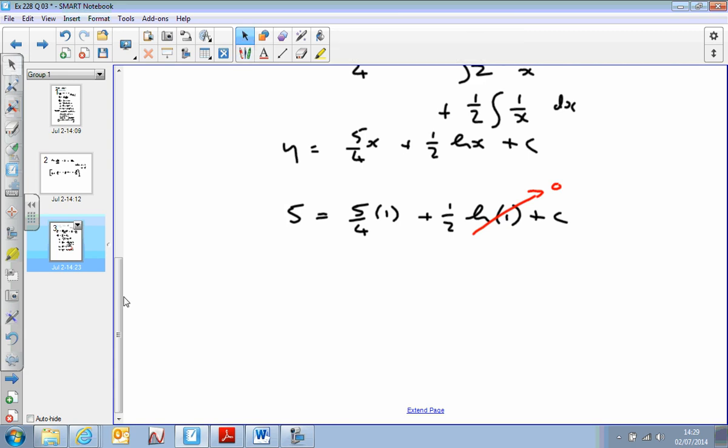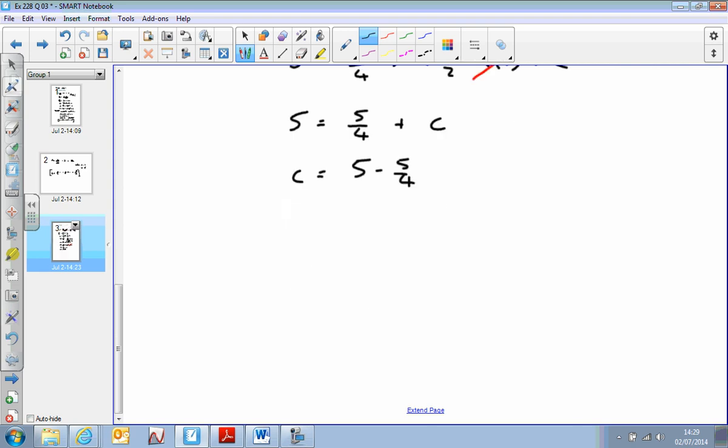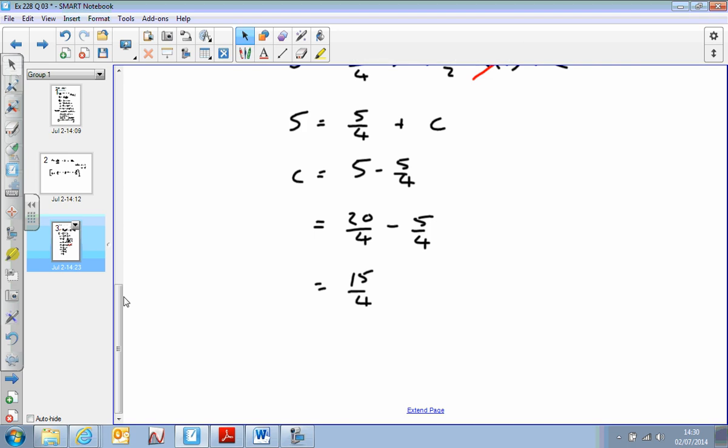And so I end up with 5 equals 5 over 4 plus c. So c equals 5 minus 5/4, which is, if I express 5 as quarters, 5 fours are 20, so that's 20 quarters minus 5 quarters, which is 15 quarters. So c equals 15 over 4, and I get the solution here.